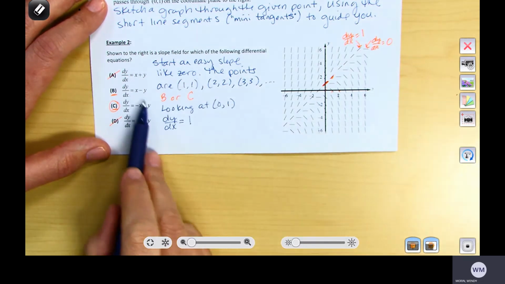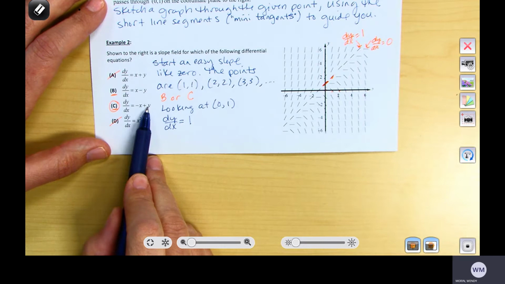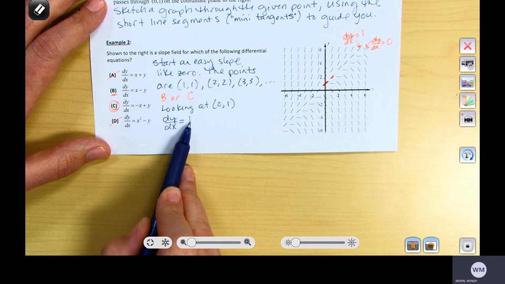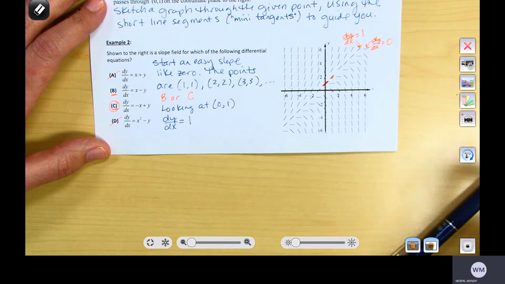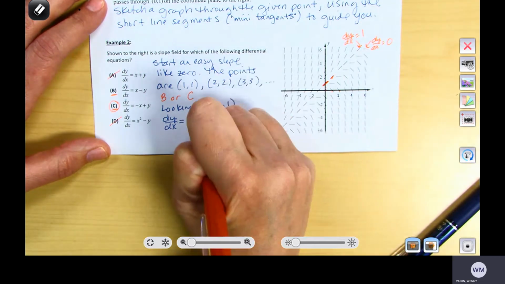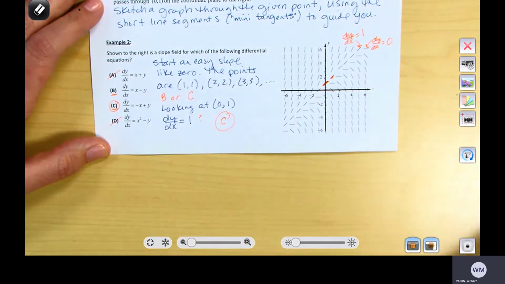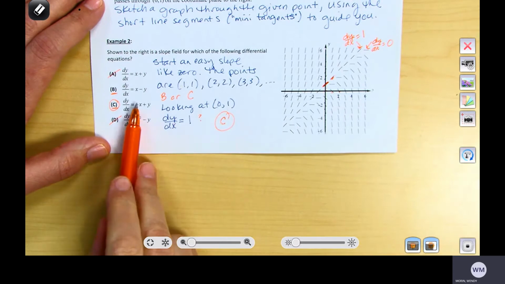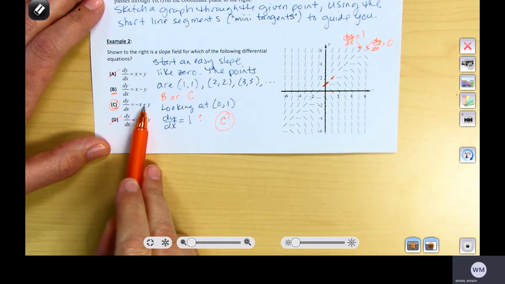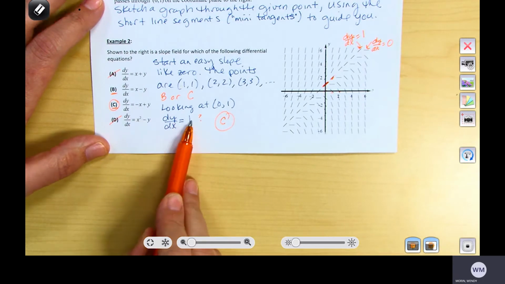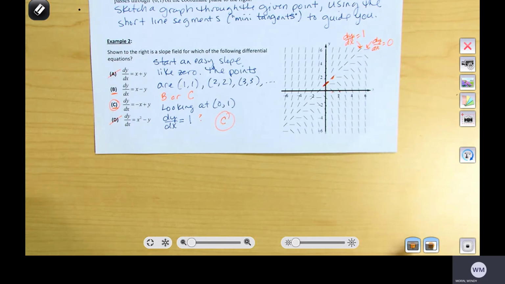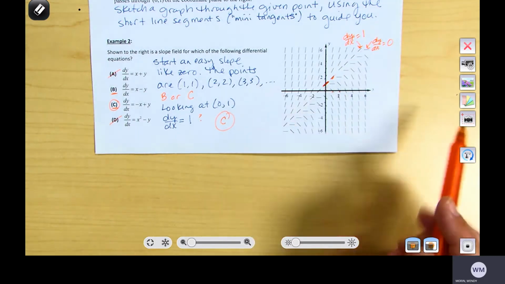Of the two equations that are left, which one gives you a slope of 1? And the answer is C, because the opposite of 0 plus 1 is equal to 1. So you have to understand what these little mini tangents are.